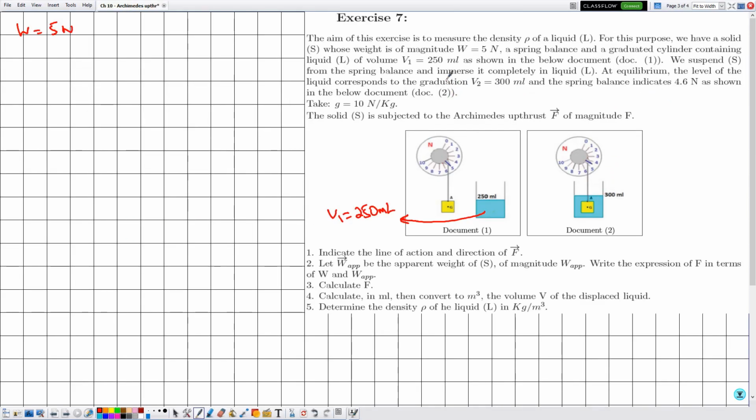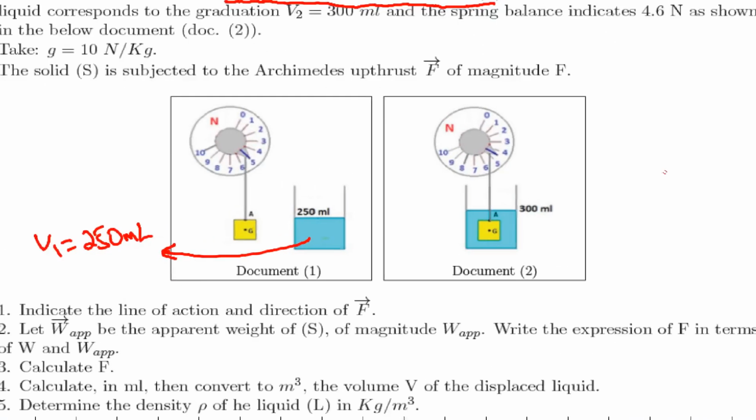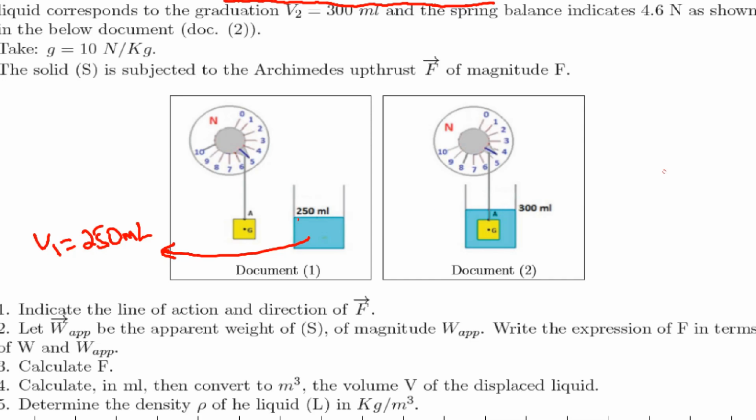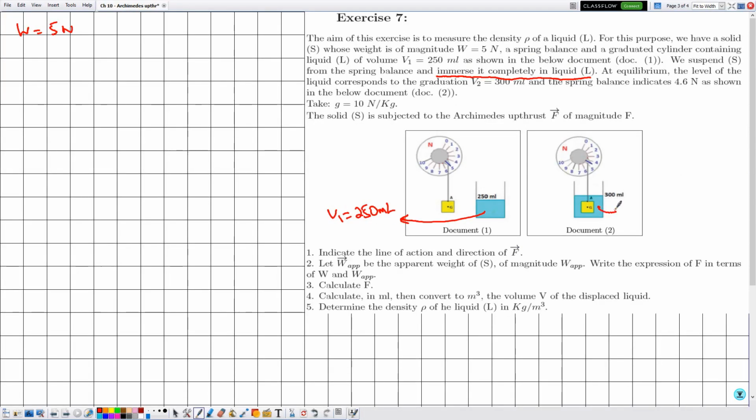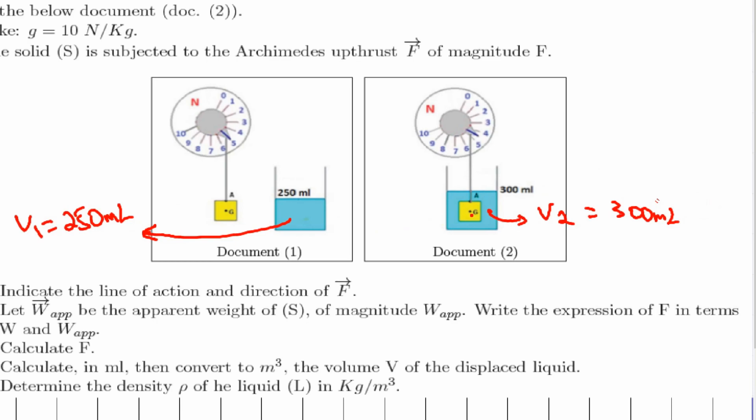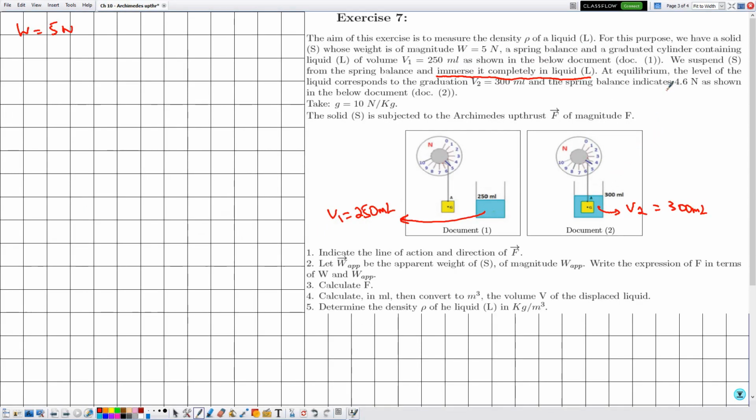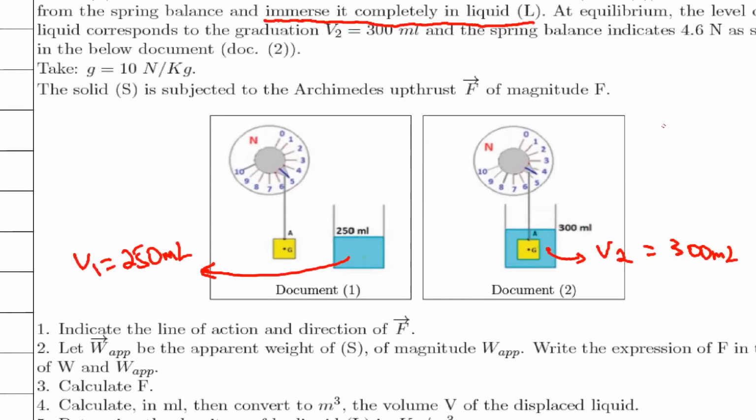So the level of water rises from 250 milliliters to 300 milliliters, because the solid S occupies some space in this liquid. At equilibrium, the spring balance indicates 4.6 newtons as shown in this document.